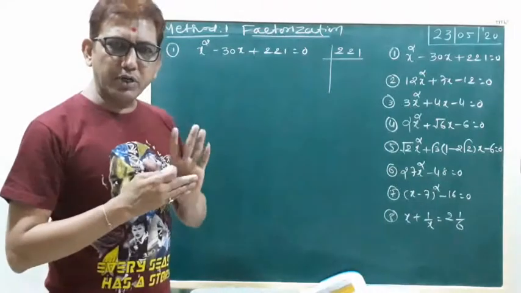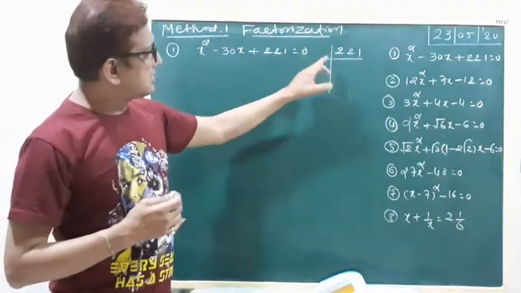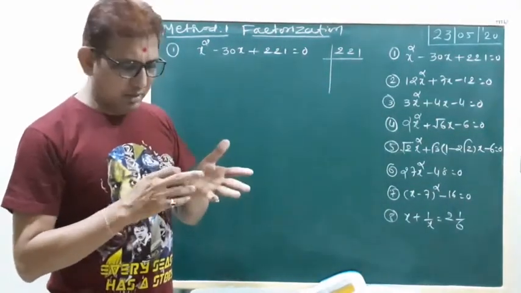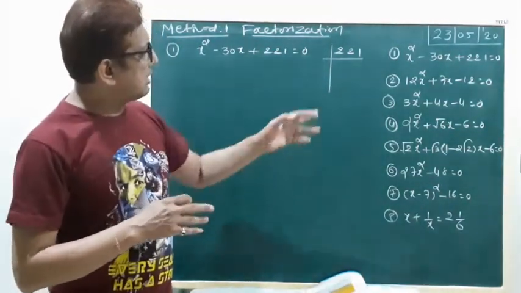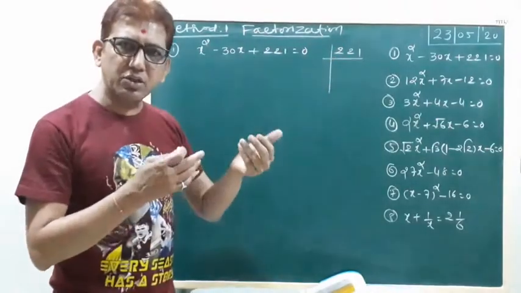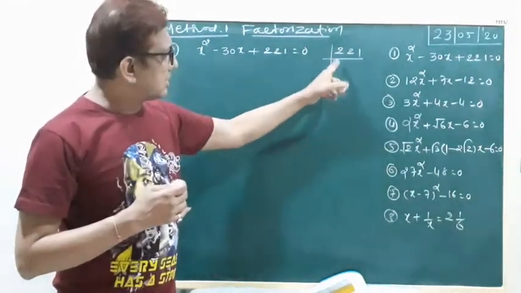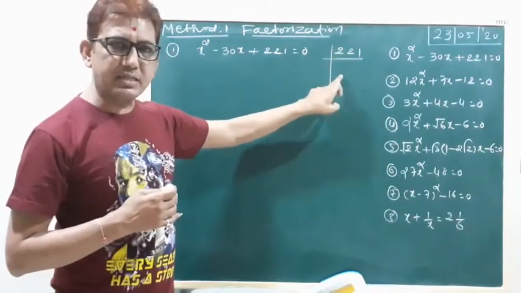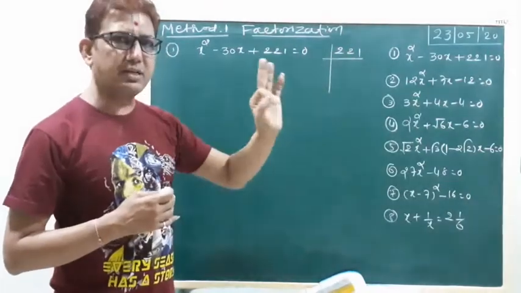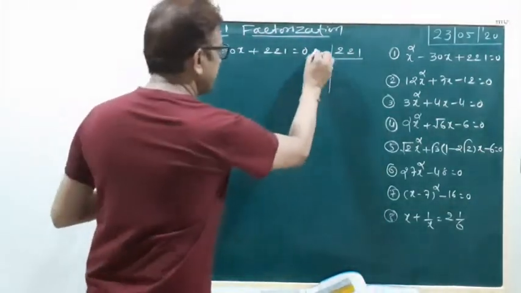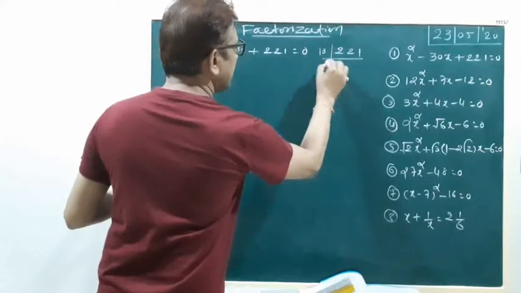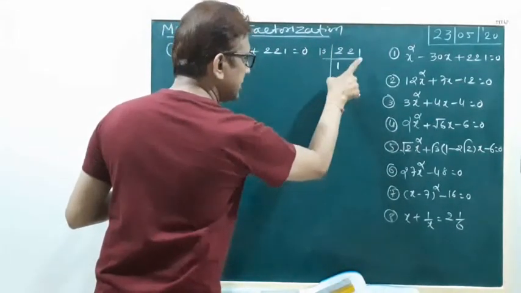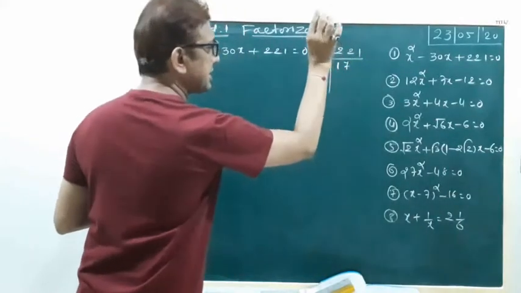Divide by 3, not possible. 7 threes are 21, then 11, not possible. 11 twos are 22, 1 remainder, not possible. 13 ones are 13, 22 minus 13 is 9, and 1, 91; 13 sevens are 91.